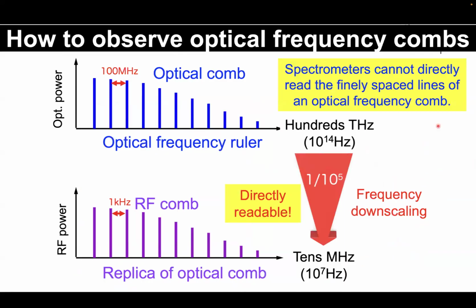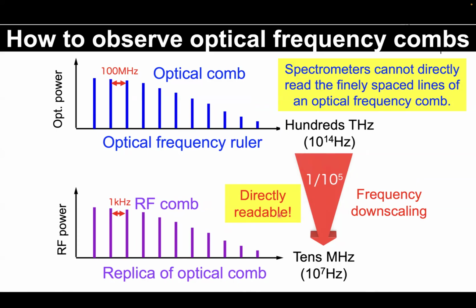A spectrometer cannot directly read a finely spaced line of optical frequency comb. If the f_rep of the OFC, around 100 MHz, can be correctly downscaled to 1 kHz by this downscaling factor, a replica of the OFC appears in the RF region, namely the RF comb. Such an RF comb is directly readable by usual RF instruments.